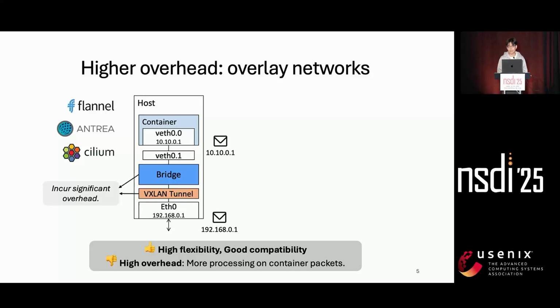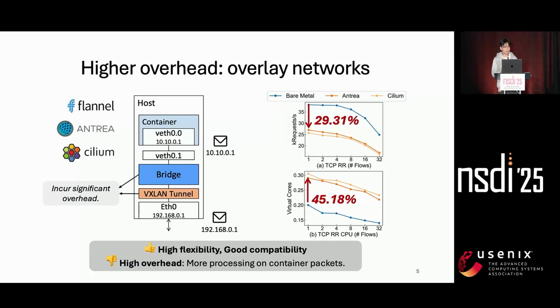In this way, containers are decoupled from the physical networks, offering much greater flexibility. However, this comes at the cost of reduced performance and increased CPU overhead. In our macro benchmarks, we observed a 29% drop in 1-byte request and response transaction rate, and a 45% increase in per-byte CPU overhead compared to bare metal.